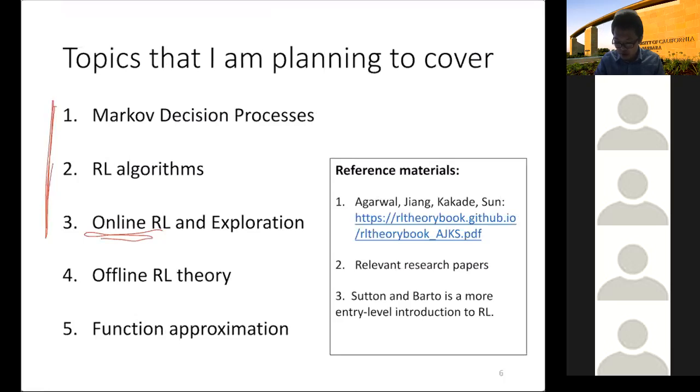Okay, and Sutton and Barto, this is the standard entry-level introduction to reinforcement learning. So if you don't know reinforcement learning at all, I think this is the textbook to read at the beginning.